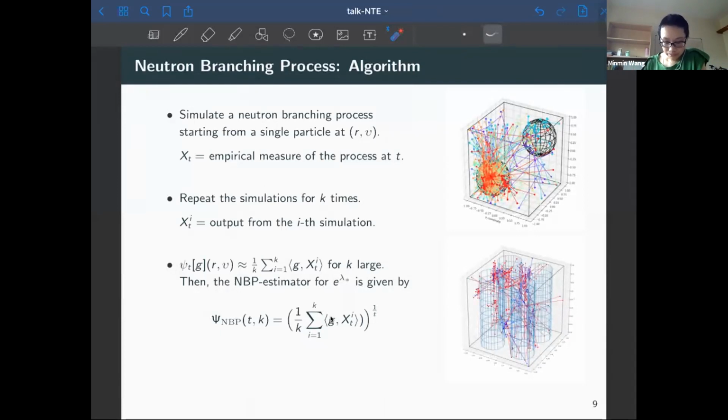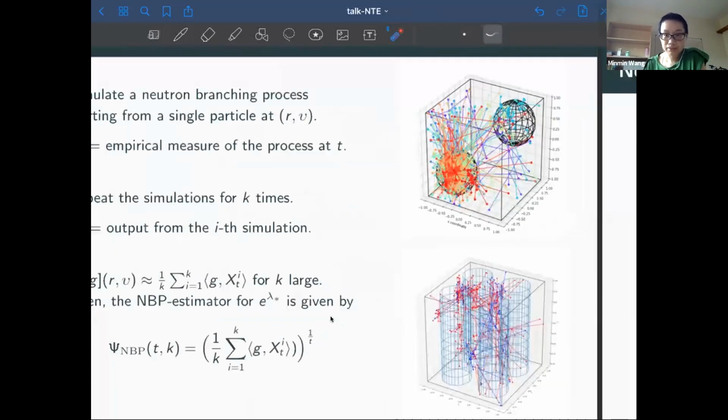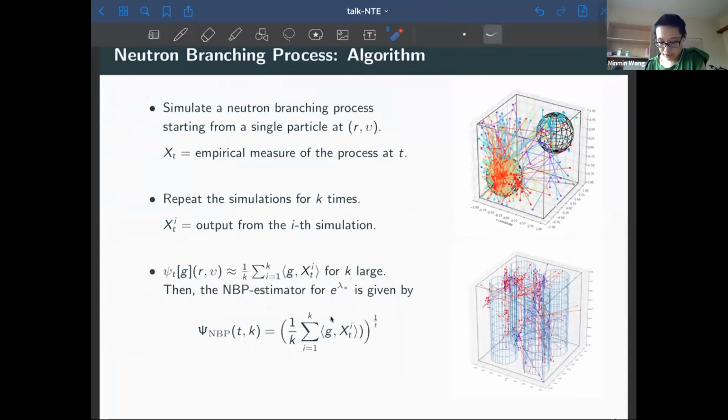For example, we have two examples here on the right-hand side. In the first example, we have a cubic reactor, and inside it there are two spheres indicating the source of fuel, where the branching occurs. Outside of these spheres, it is basically just void. In the second example, you have these rods, which are where the branching occurs.